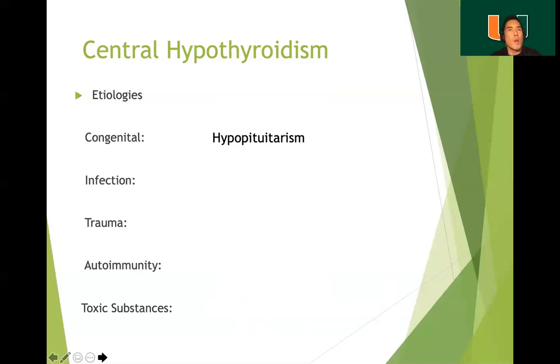For whatever reason, it could be that the pituitary gland was not well formed, it's in the wrong place, or part of a complex brain anomaly. Infection is quite rare. Trauma could be with some patients with brain surgery or who had radiation, especially whole body radiation.